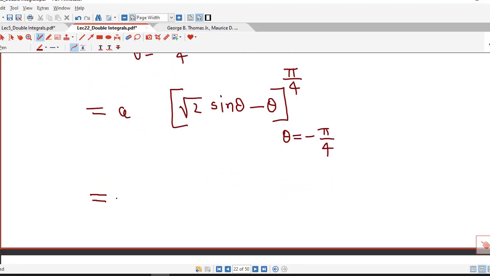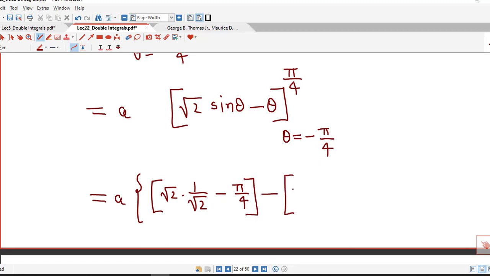So first we put the upper limit for theta, root 2 into sin theta, that is pi by 4. Sin pi by 4 is 1 by root 2, minus pi by 4. This is for theta equal to minus pi by 4.